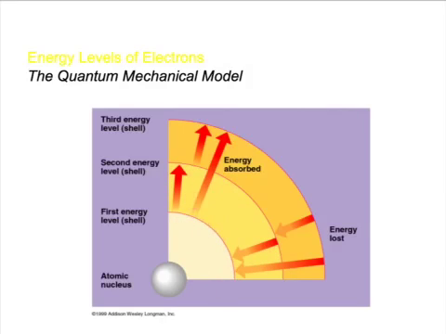This is the second level, this is the third one. Energy can be held, absorbed, lost, or transferred from these clouds. The outermost part of the electron cloud, this outside one, holds the valence electrons. These valence electrons are what create your different chemical bonds.